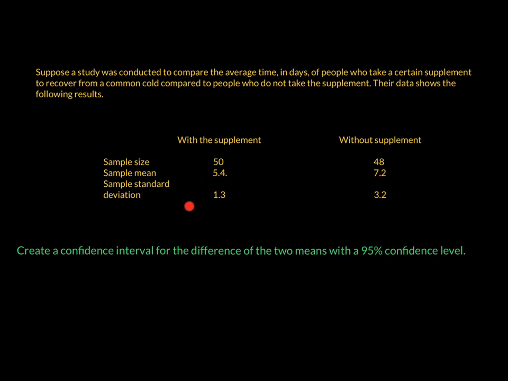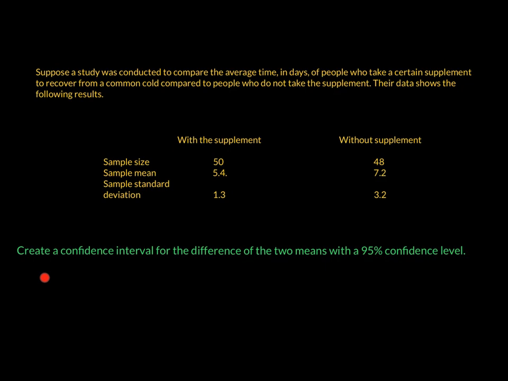The corresponding sample standard deviations are 1.3 and 3.2. Suppose the task is not a hypothesis test, but creating a confidence interval for the difference of the two means with a 95% confidence level. So how are we going to create this interval?